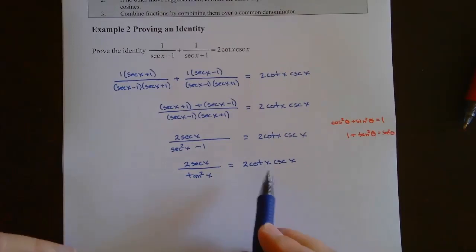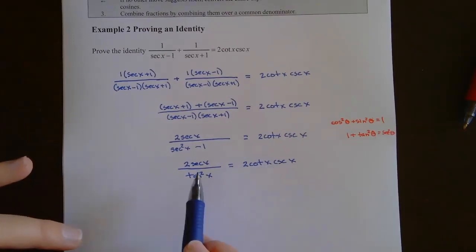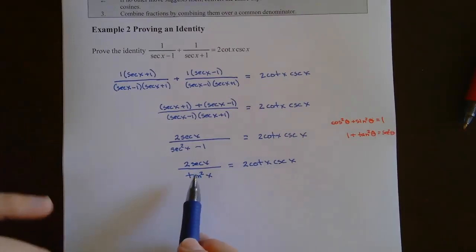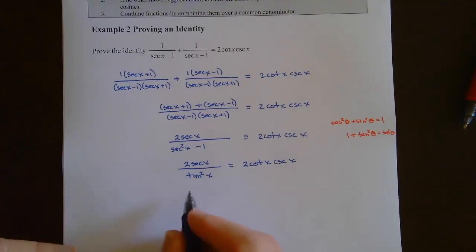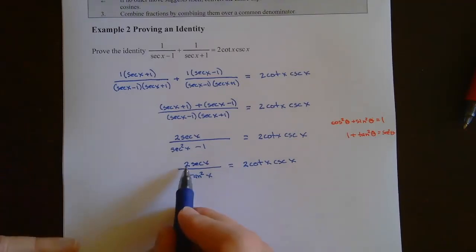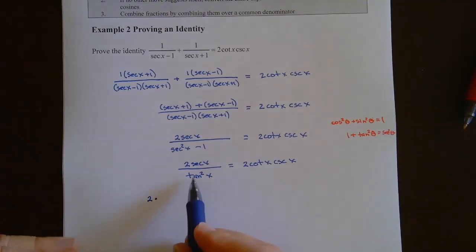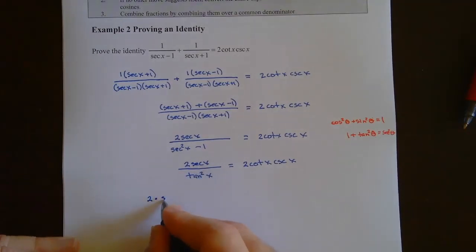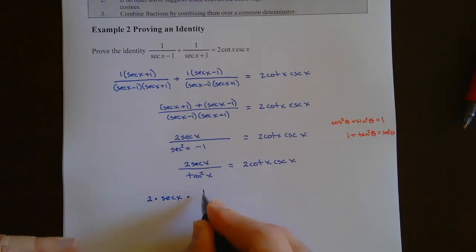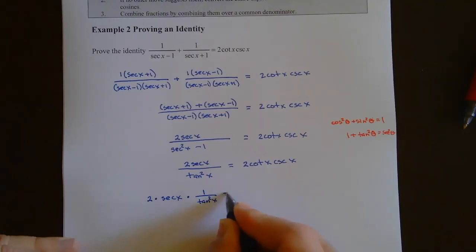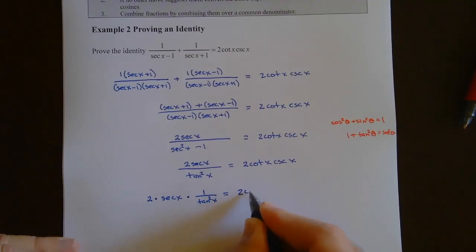Now, over here we have a product, so we could rewrite this as a product, okay? We have a 2 here, so 2 times secant x, and then times 1 over tan squared x is equal to 2 cotangent x cosecant x.